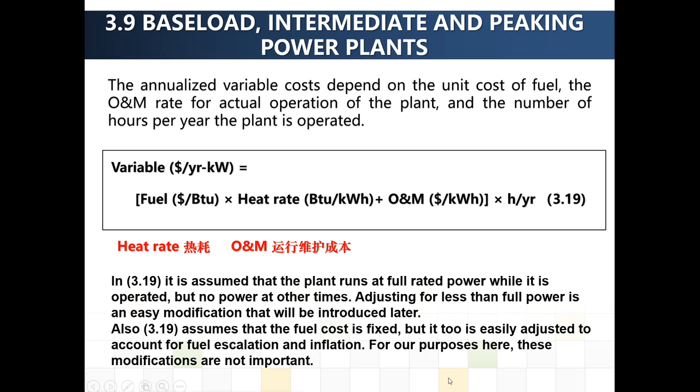Also, 3.19 assumes that the fuel cost is fixed, but actually the fuel cost should be adjusted to account for fuel escalation and inflation. For our current purpose of investigating the cost, those modifications are not very important, so we'll assume a fixed fuel cost.